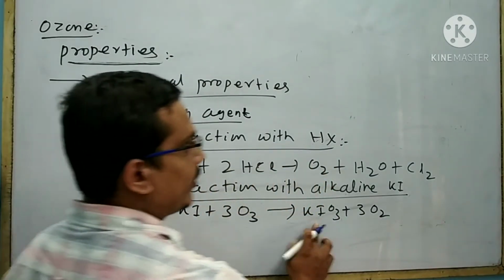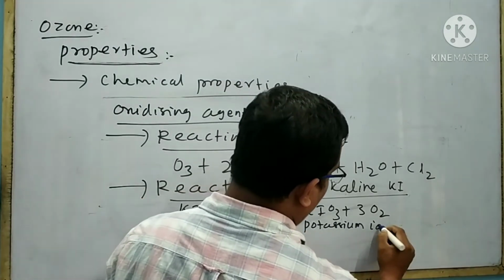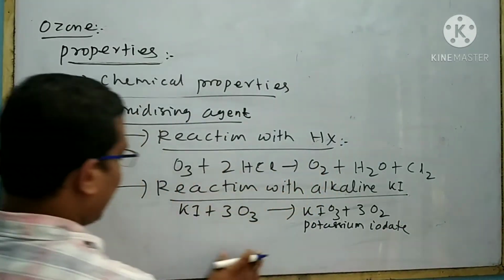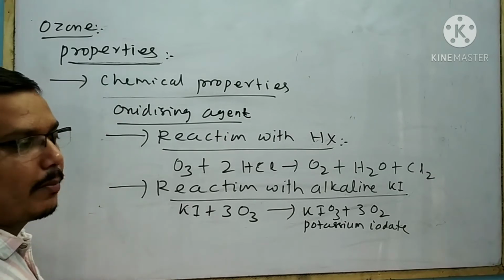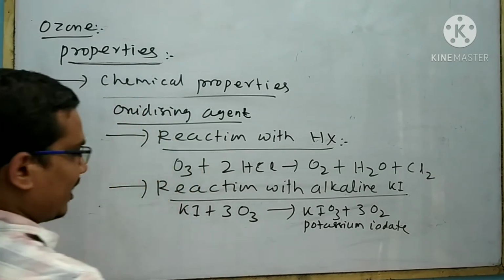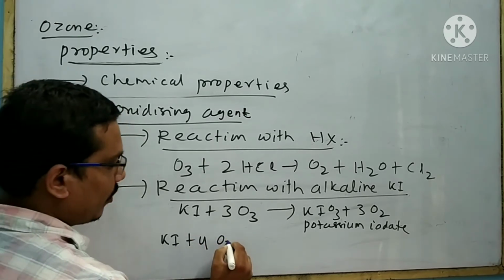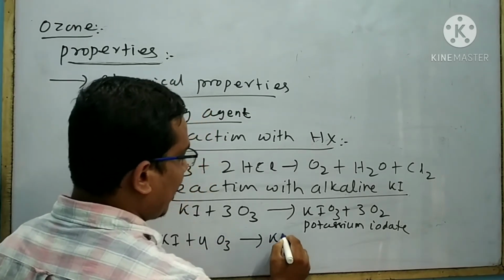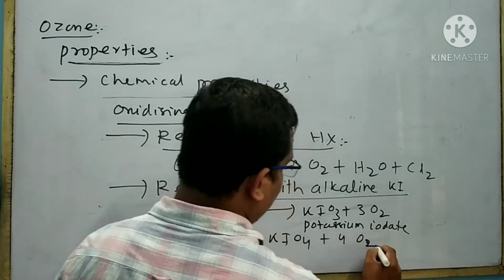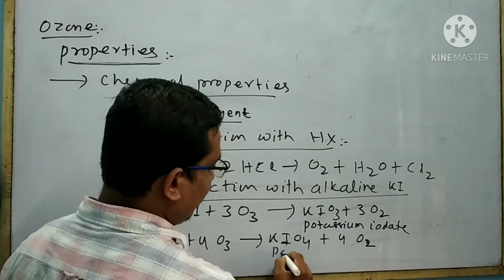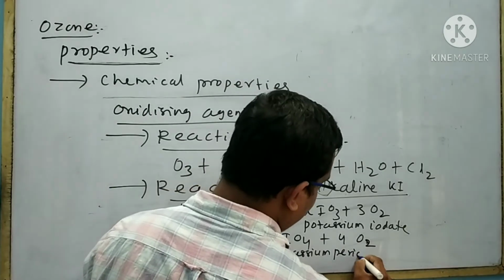This is said to be potassium iodate. Similarly, I can write another reaction for the formation of potassium periodate. The reaction is KI plus 4O3 gives KIO4 plus 4O2. This is said to be potassium periodate.